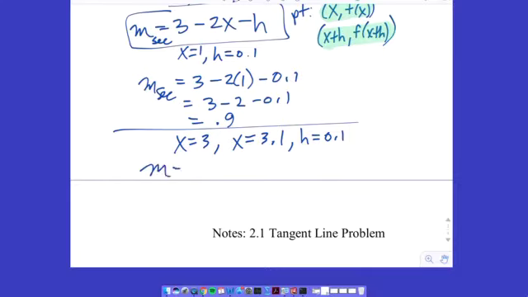According to this secant formula, h is how far away that second point is from the one I want. And so if my formula now has two inputs, I can plug in both. I would get 3 minus 2 times 3 minus 0.1. And that comes out to be negative 3.1.